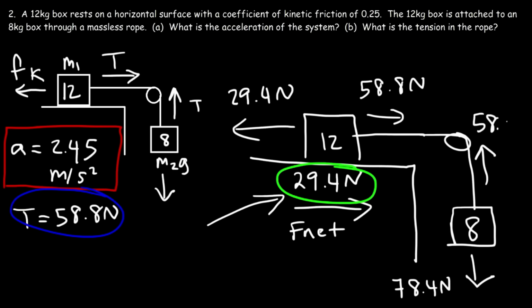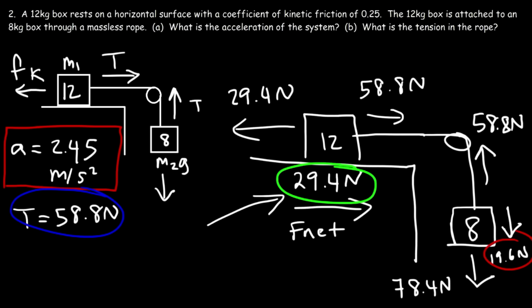So the upward force is 58.8 newtons. So if we subtract these two values, that's going to give us a downward net force of 19.6 newtons. Now keep in mind, this force should be negative because it's in the negative y direction. And the same should be true for that one too.